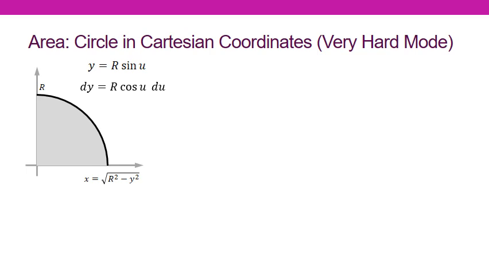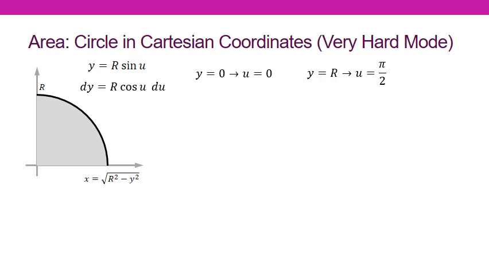What is u when y equals r and y equals 0? If I want y to equal 0, that's the same as saying u is 0, because sine of 0 is 0. What if I want y equal to r? That means I want this sine to equal 1, and that's going to happen when u equals pi over 2.